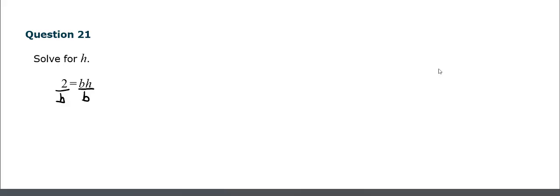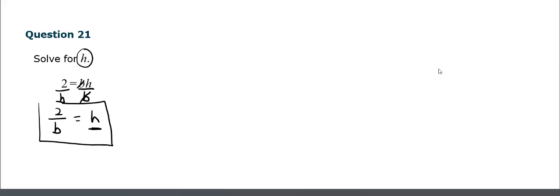It's like dividing by a coefficient, right? So on the right hand side, the b reduces and just leaves me with h. And on the left hand side, I have 2 over b. So I solved for h because I have one h isolated and there's no h's on the other side. So once you isolate and you make sure the coefficient is positive 1, then you have your answer.